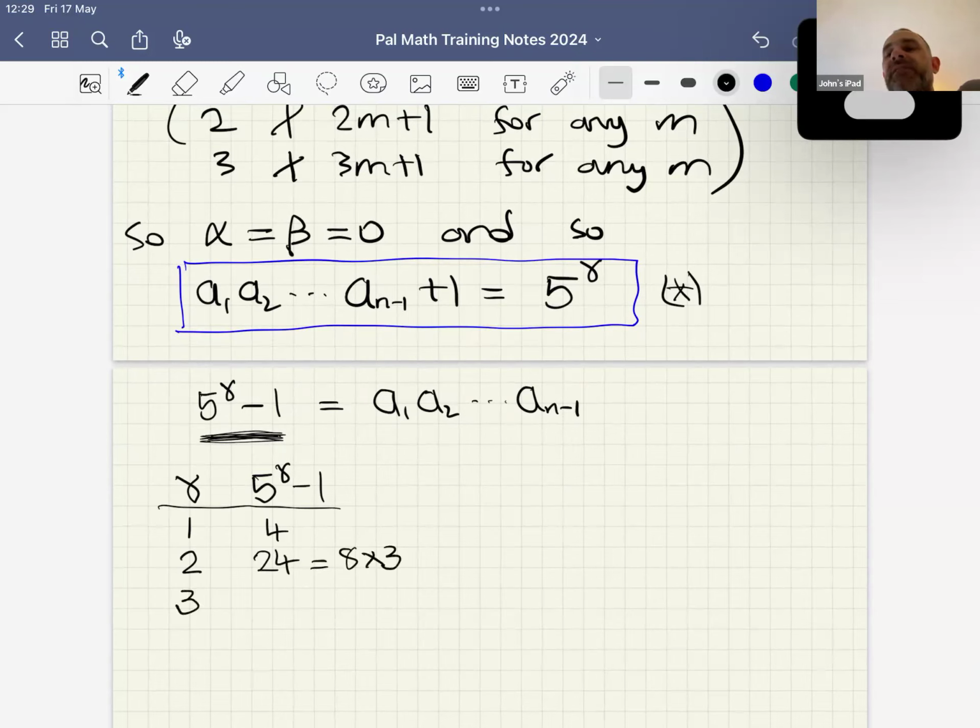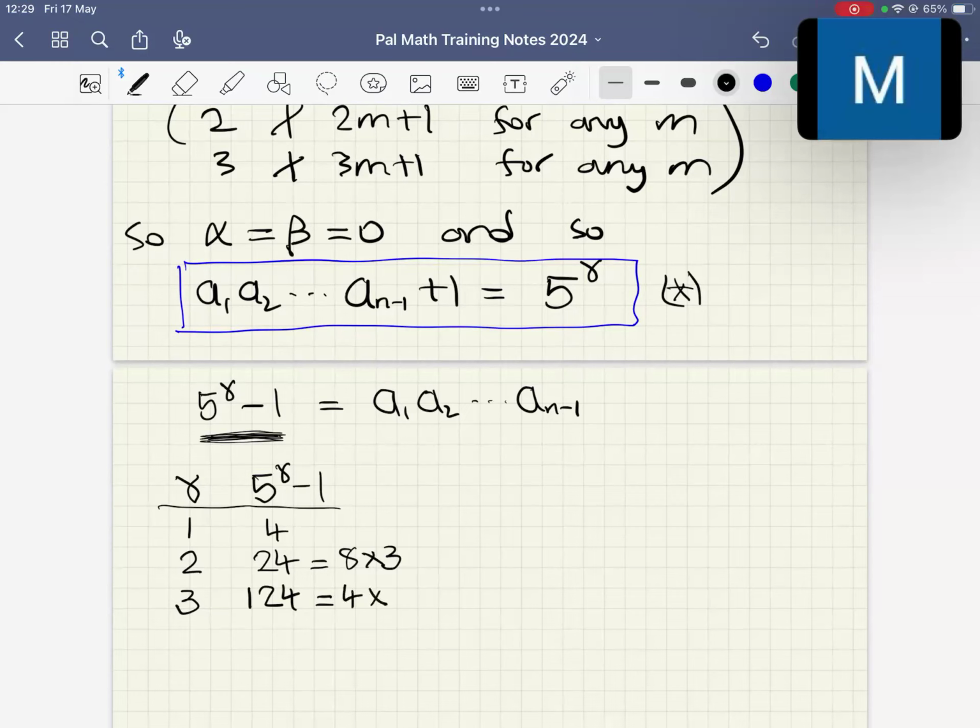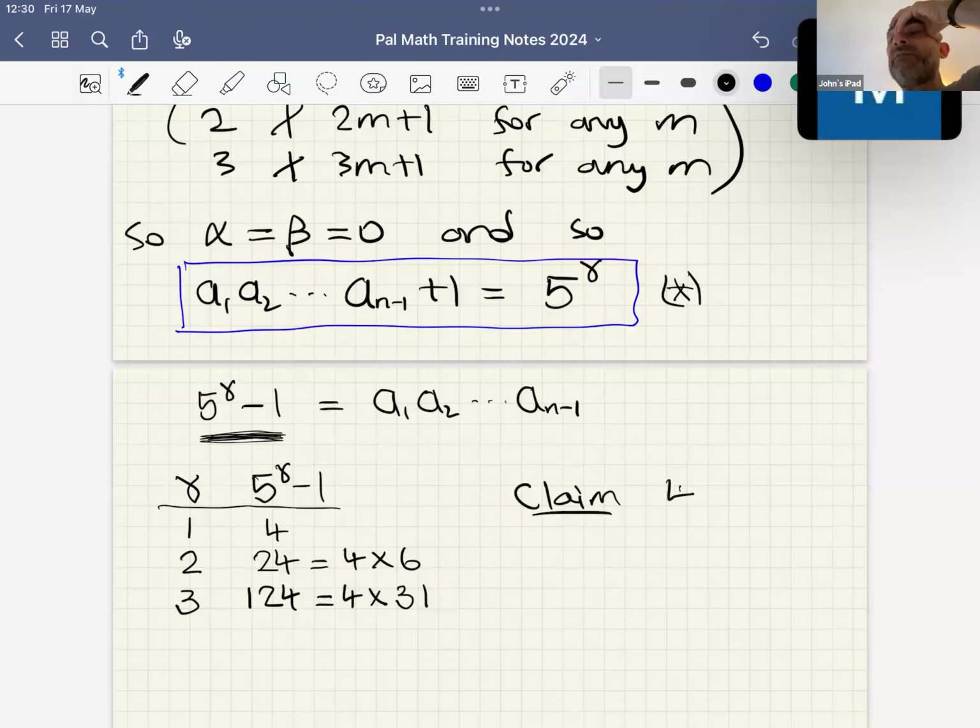When gamma is 3, we get 124, which is 4 times 31, is that right? So notice that in all of these cases, I can rewrite this as 4 times something. See the way 4 divides all of these? So I claim 4 divides 5 to the gamma minus 1 if gamma is greater than or equal to 1.